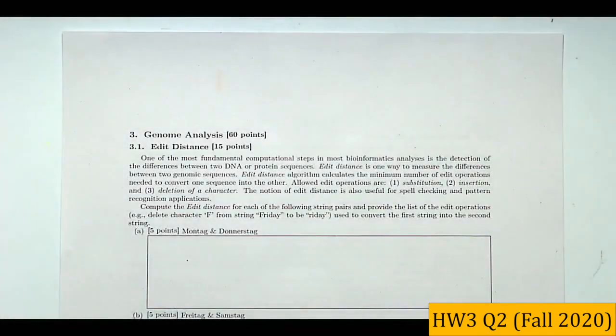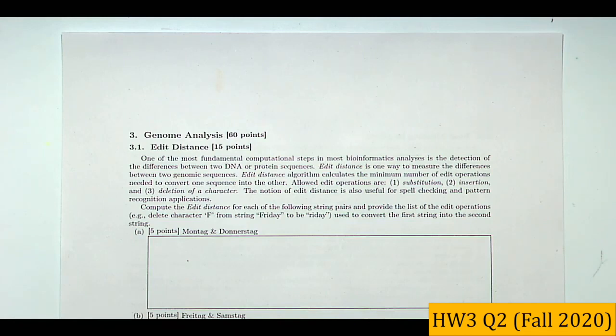The next question is a very interesting one, hopefully. It's related to lecture number 5 about accelerating genome analysis. In this question, you are asked to solve 3 parts about finding the edit distance between 2 strings. So how many of you still remember this lecture? Okay, very good. Edit distance is the minimum number of edit operations that you need to do so that one of the sequences will be similar to the other one.